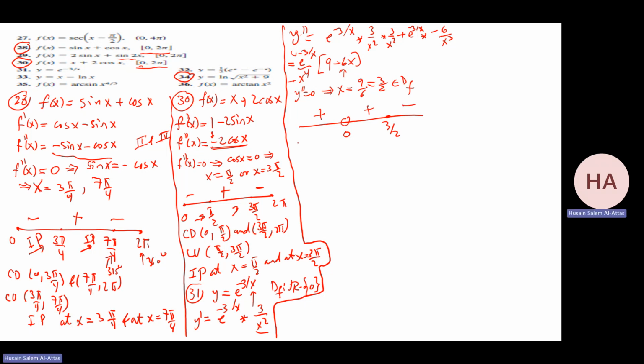So it's concave up from minus infinity to 0 and 0 to 3 over 2. I cannot say from minus infinity to 3 over 2 because the function is not defined at 0. Concave down from 3 over 2 to infinity. We have only one inflection point, at x equals 3 over 2.